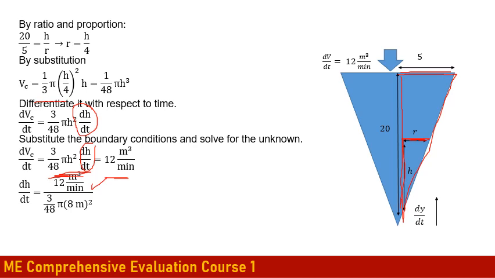So when the height of the water in the tank is 8 meter, the water is rising at a rate of 0.9549 meter per minute. And that is the dh/dt, or how fast the water surface is rising when the height is 8 meter.